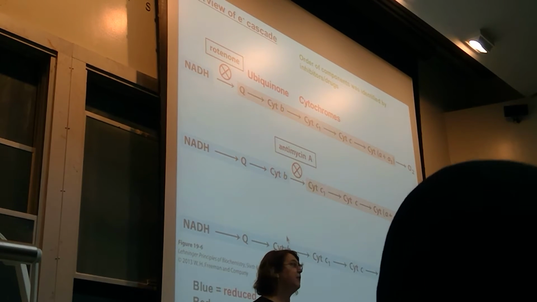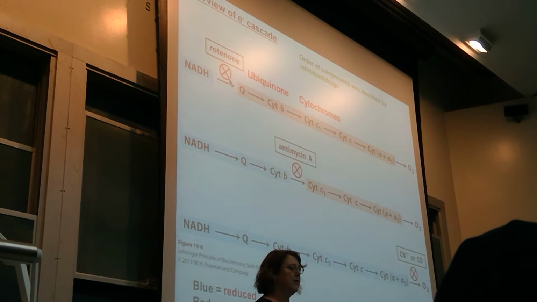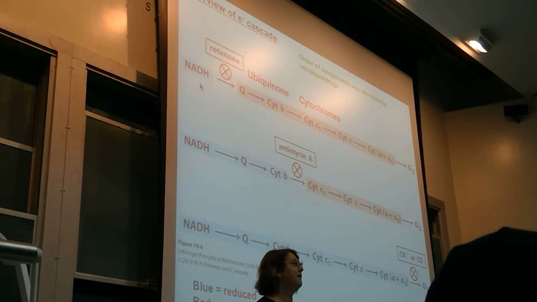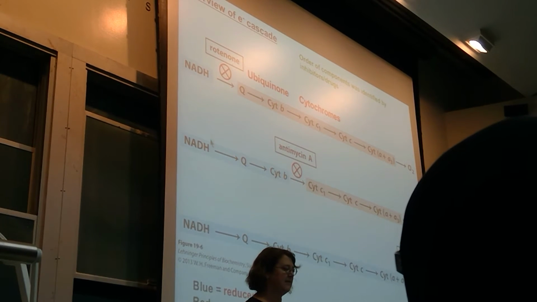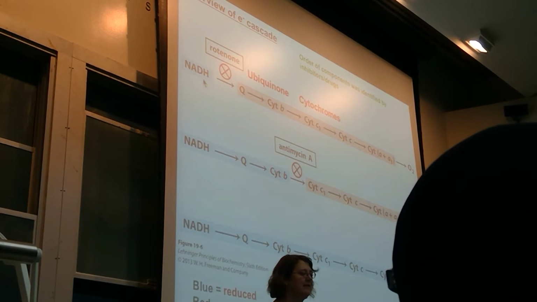What you can do is start adding inhibitors. If you add the inhibitor rotenone, only NADH was reduced. Only it is blue, the rest are still oxidized. We already knew this, but we know that NADH is at the beginning. Then you can sequentially add inhibitors at the different stages.